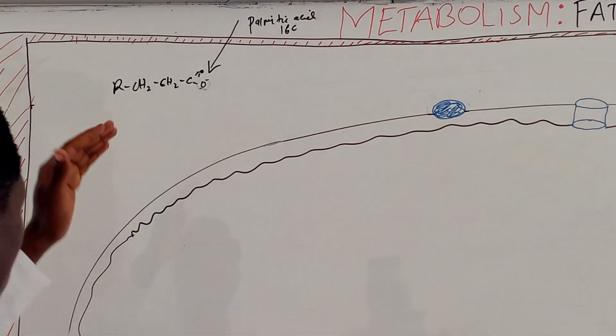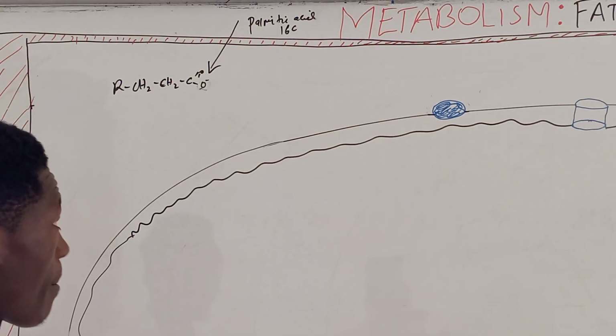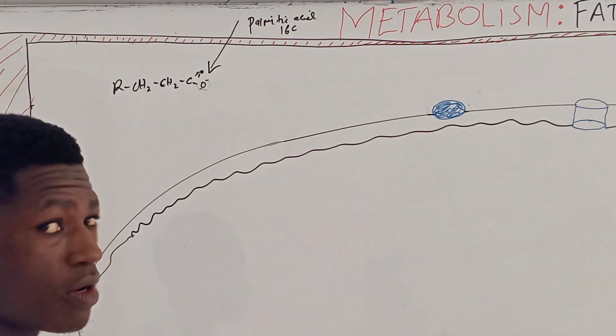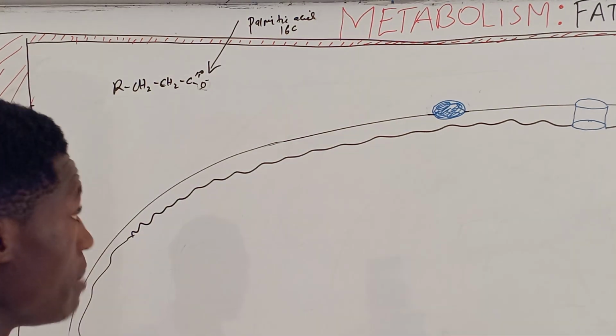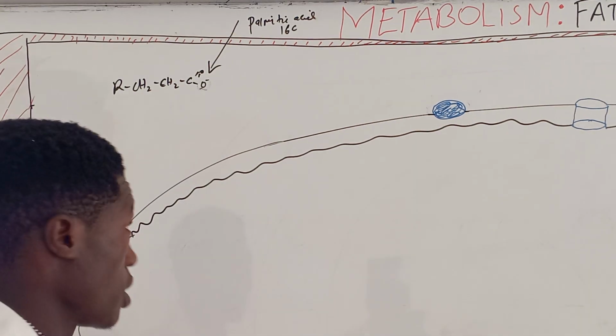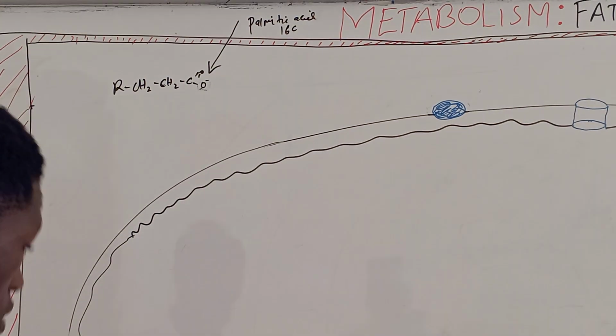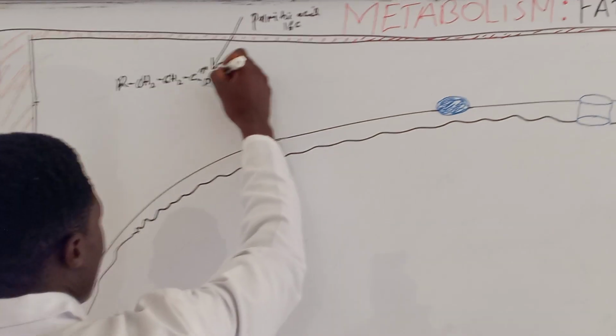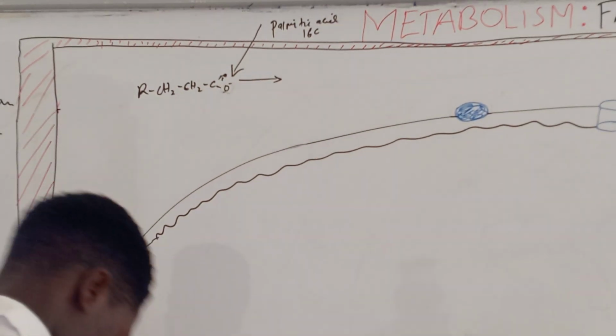Now, we have the palmitic acid inside the cell, but palmitic acid can easily come out of the cell. So what are we going to do? We want to commit it so that it can undergo the downstream processes. We are going to convert this palmitic acid into a new molecule.